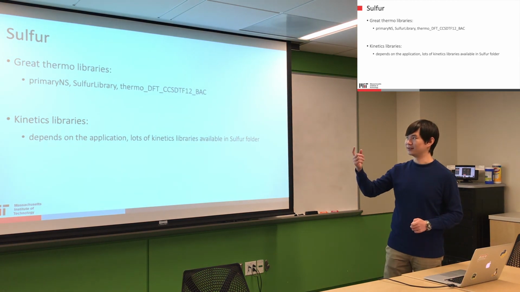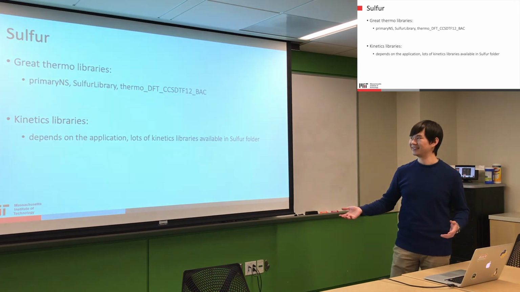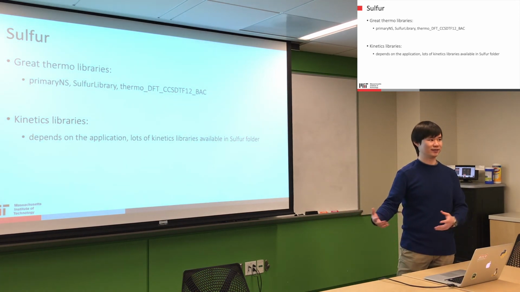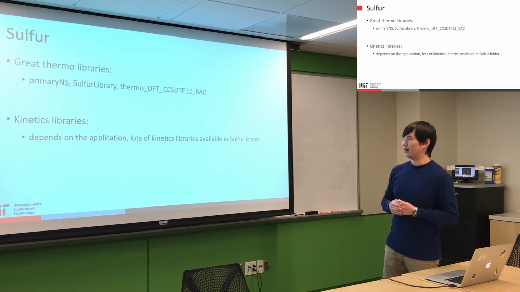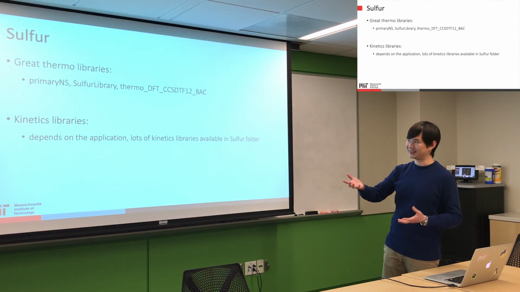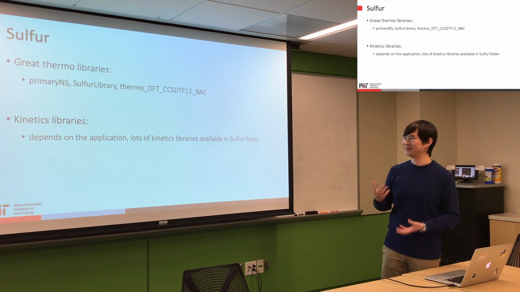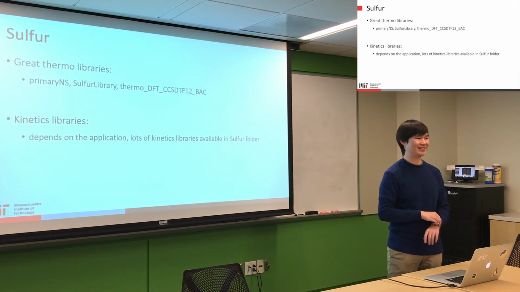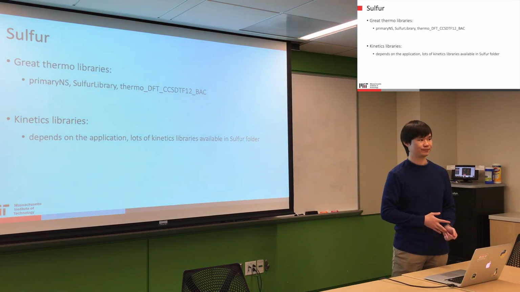The sulfur library might also include literature data, but it is a set of calculations that someone who was working on sulfur mechanisms in our group compiled. And then primary NS was compiled by someone else. So right now there's not really a great structure to these libraries, but they're generally associated with different sources or people.